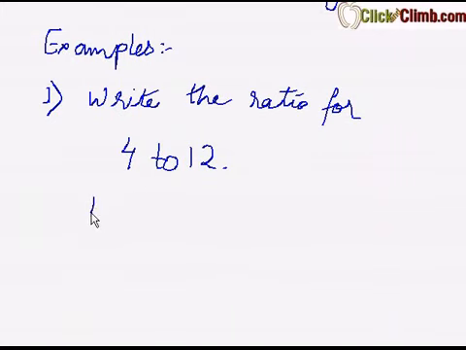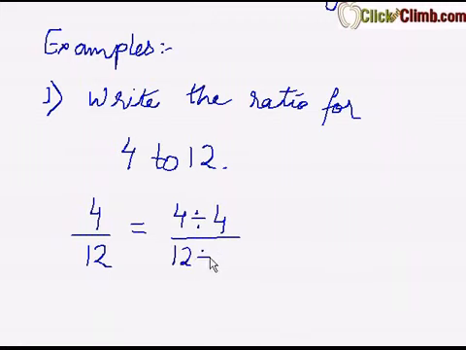The simplest way is to write 4 and 12 as a fraction, 4 over 12. I simply reduce it because both can be divided by a common number, 4. So I divide 4 by 4 and 12 by 4 to get 1 over 3.